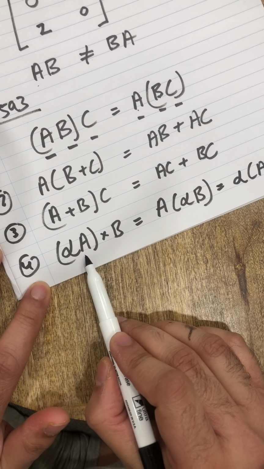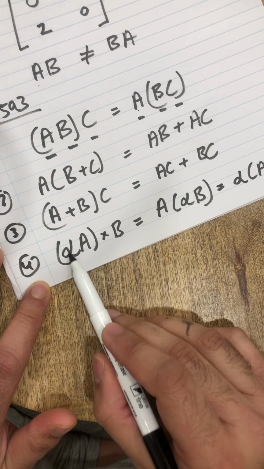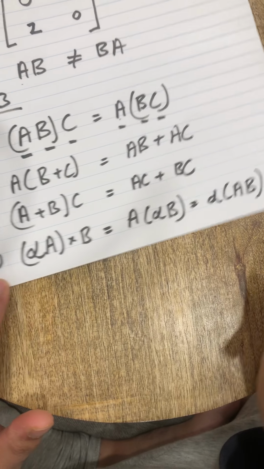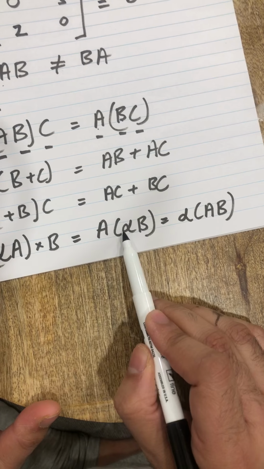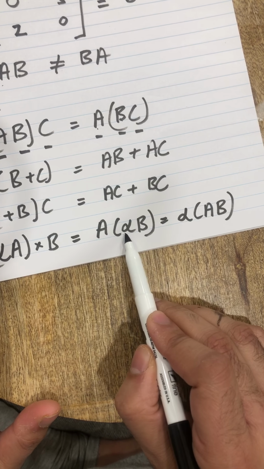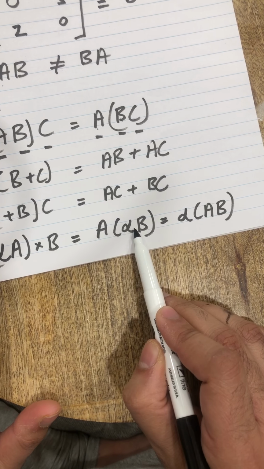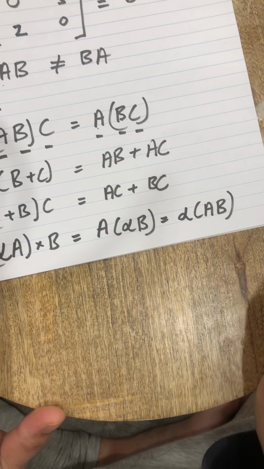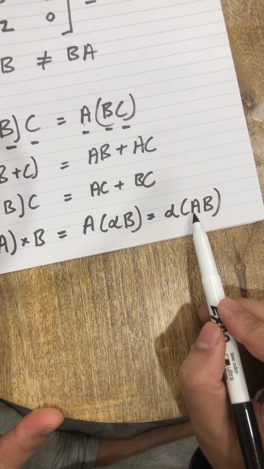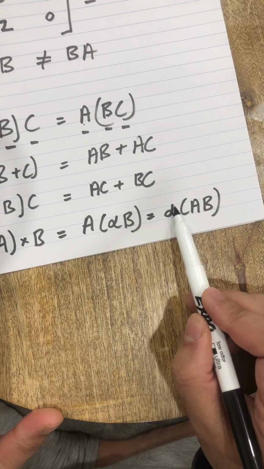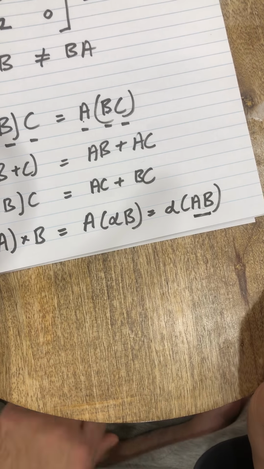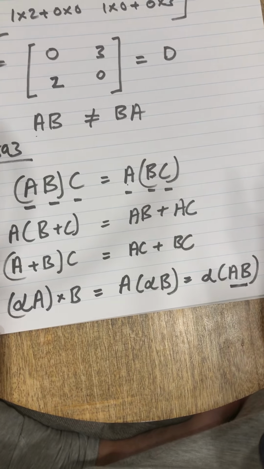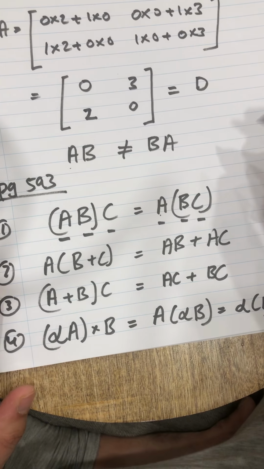If you have a scalar, you multiply it to A and then multiply the result to B. This is the same as taking matrix A and multiplying it to the result of the scalar being multiplied to B. And this is also identical to multiplying A into B and then taking the scalar and multiplying it to the resulting matrix AB. Okay, so these are some rules which you should review.